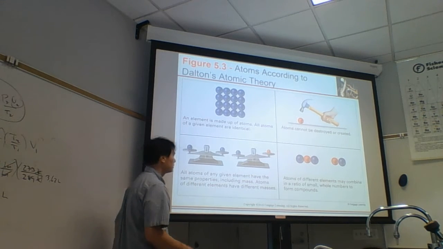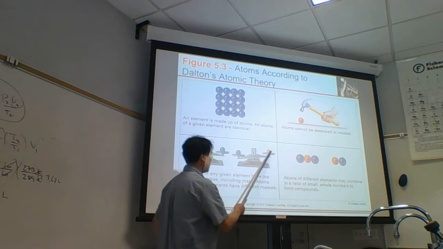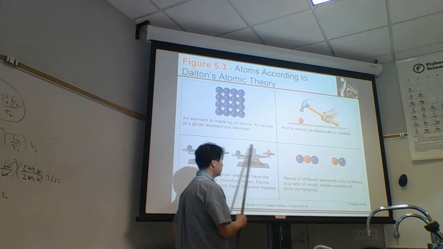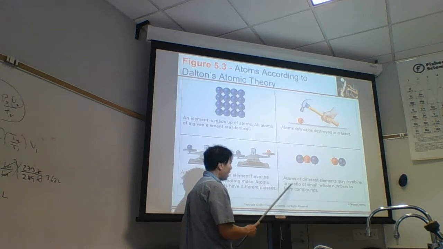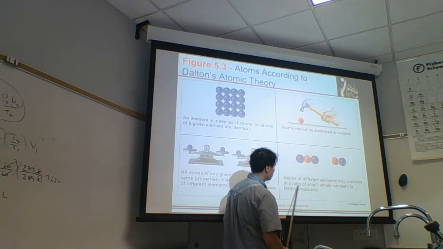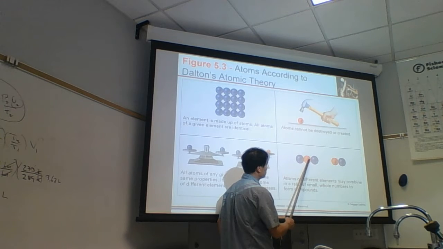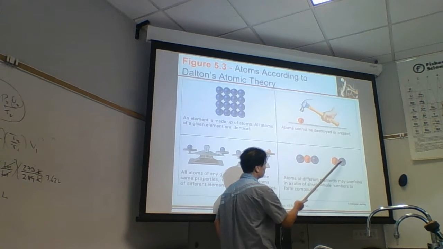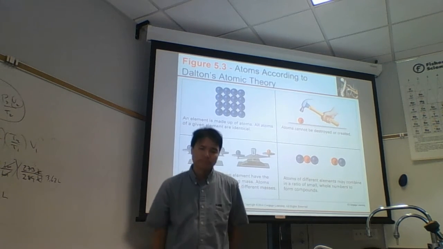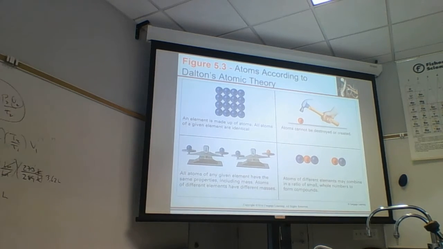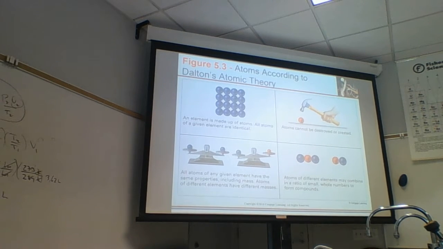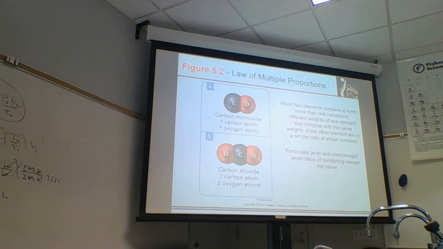Physical properties will be different, for sure, like a hydrogen versus an oxygen. Atoms of different elements may combine in a ratio of small whole numbers to form compounds. So this is 2-to-1 blue to red. This is 1-to-1 blue to red. All right, that was the atomic theory.